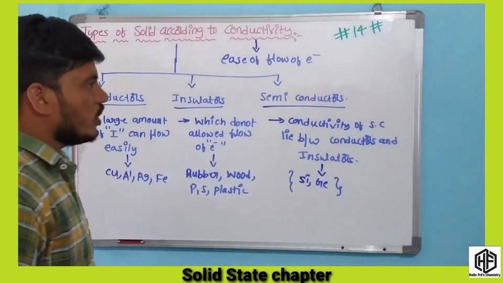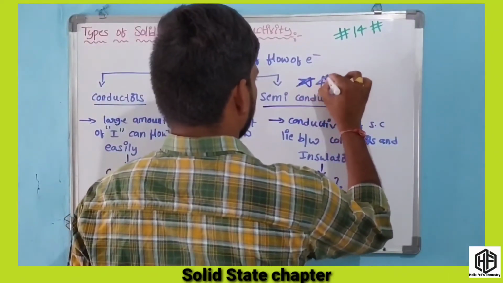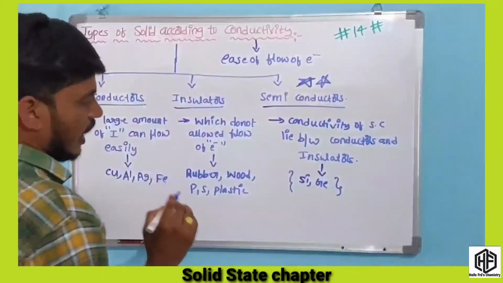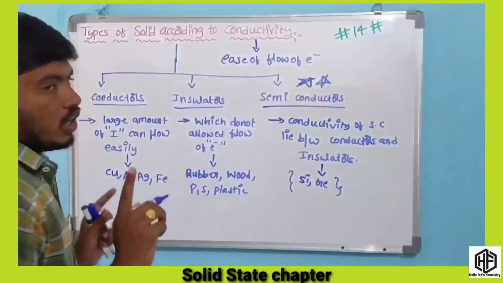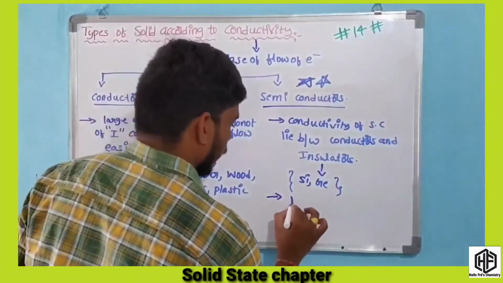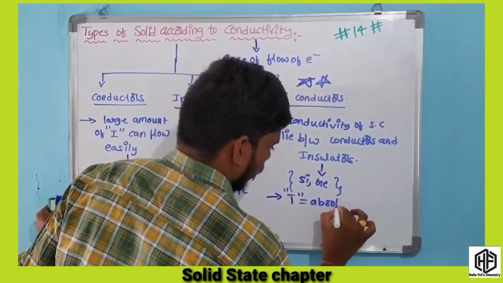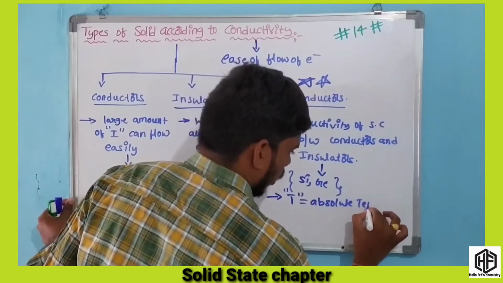In this video we are going to discuss semiconductors briefly. One more important point: at absolute zero temperature, the conductivity of a semiconductor is zero, and as the temperature increases, the conductivity increases.